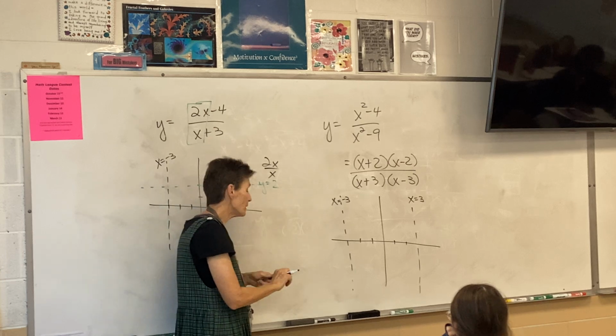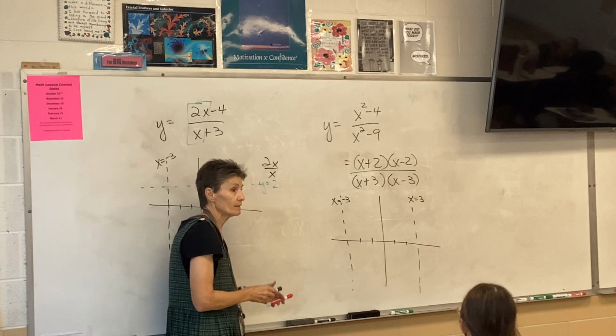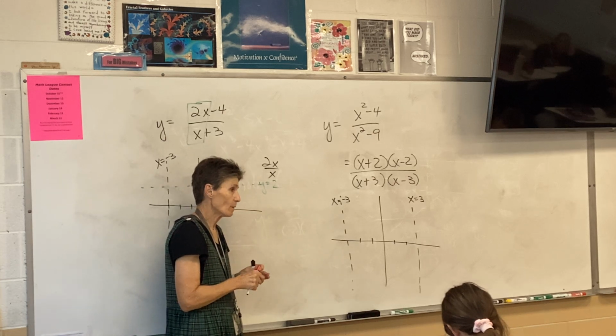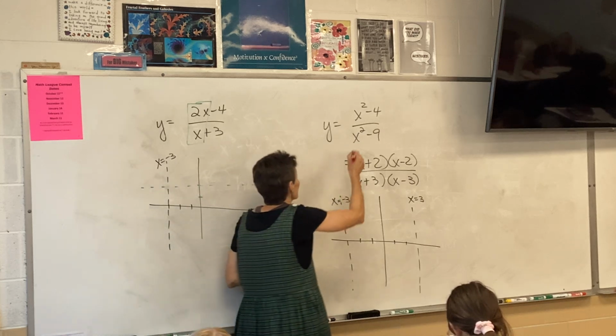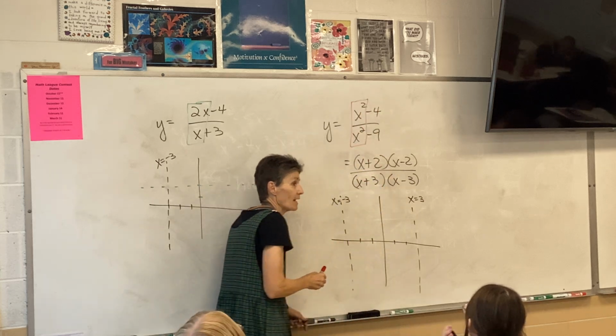Now, when we do the horizontal asymptote, we only look at the x's, okay? In this case, we don't have x, we have x squared. That's what we look at. Whatever x's we got, that's what we look at.